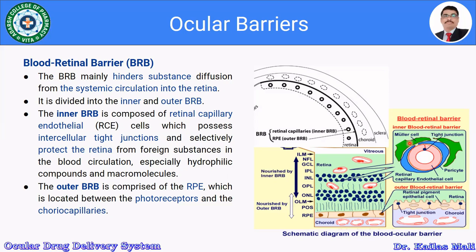The inner blood retinal barrier is composed of retinal capillary endothelium cells, which possess intercellular tight junctions and selectively protect the retina from foreign substances in the blood circulation, especially hydrophilic compounds and macromolecules. Whereas the outer BRB is comprised of the RPE, which is located between the photoreceptors and the choroid capillaries.